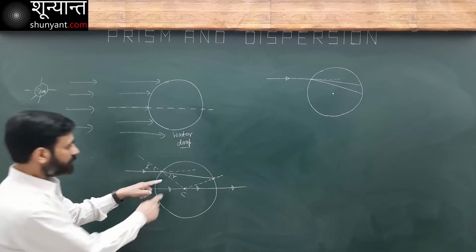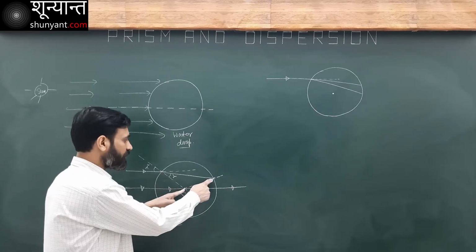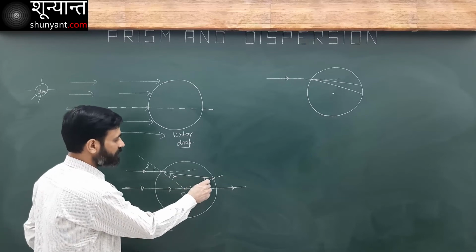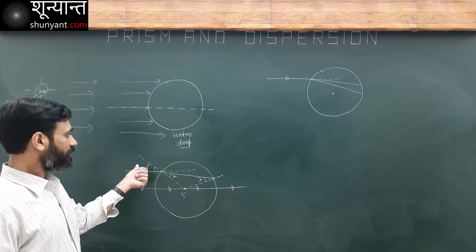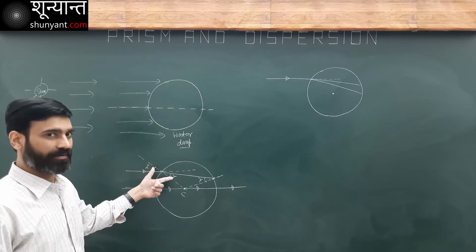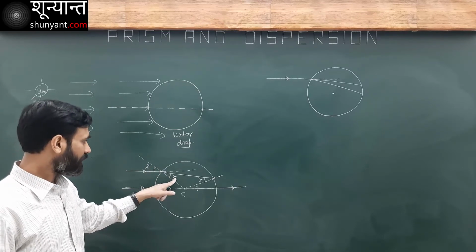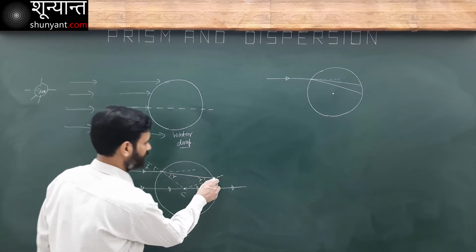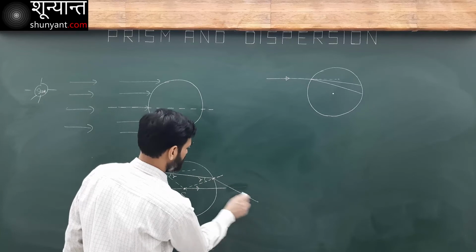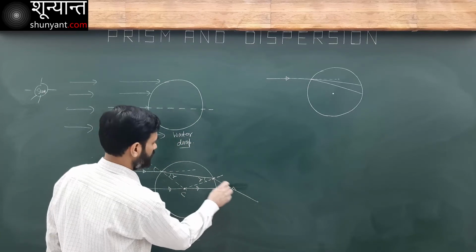This is radius, this also is radius. If this is R, this also is R. Angle in air is I, angle in water is R. Angle in water R, air I. Light goes out like this. This is also I.